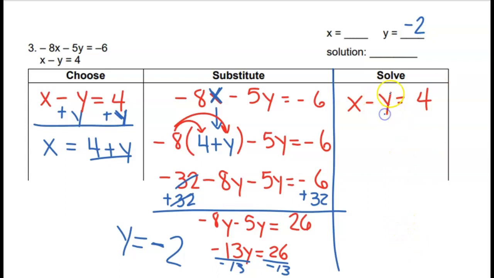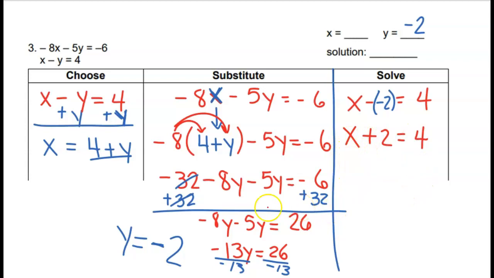So that means over here, in place of this y, I'm going to substitute this negative 2. So minus a minus makes this a plus 2.